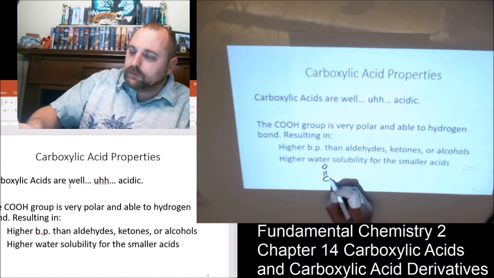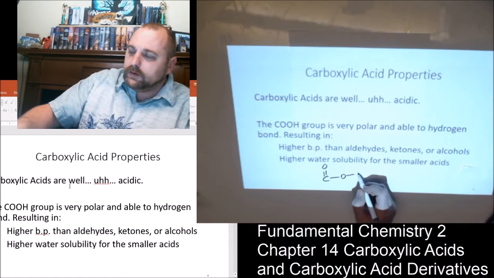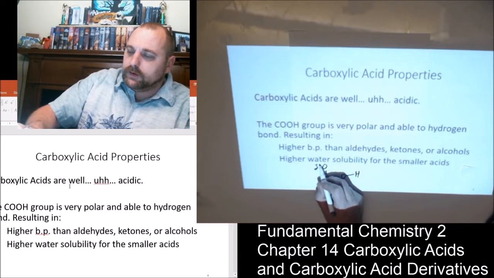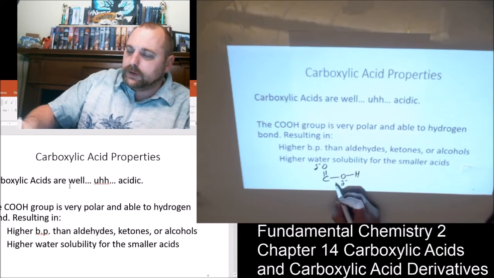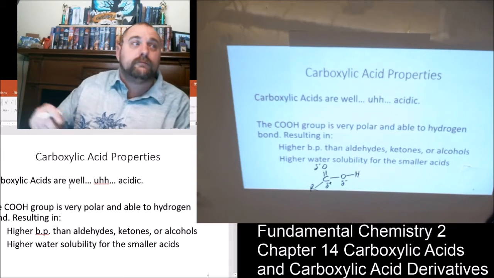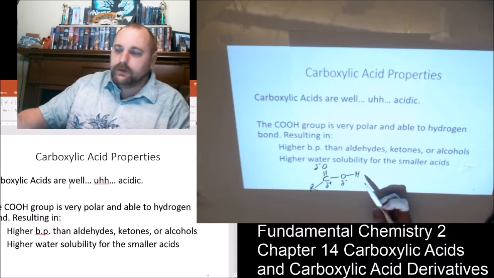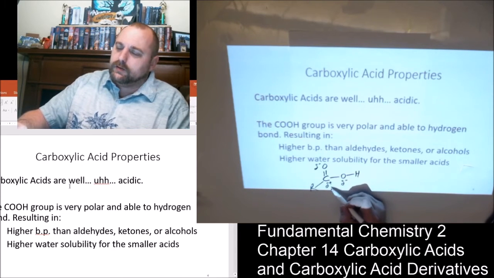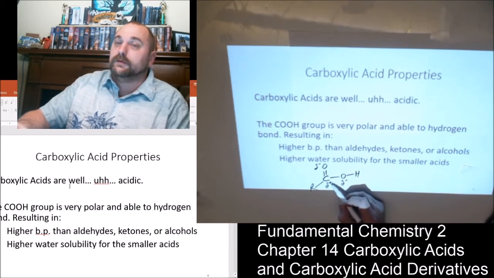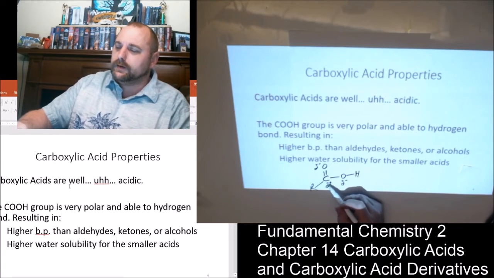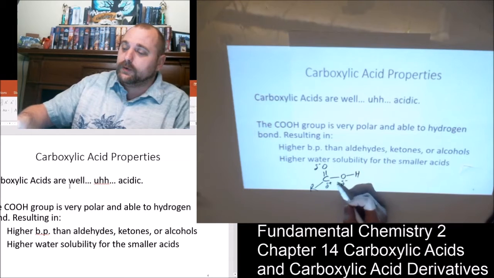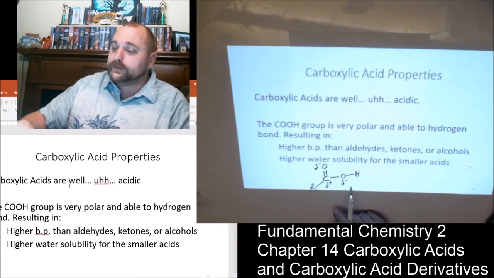It's already a very polar bond, so slightly negative here, slightly negative here, and slightly positive there. Actually, I should put it the other way. It is positive there. It's not a formal charge. The electrons are still there, but they really spend more time on these oxygens.